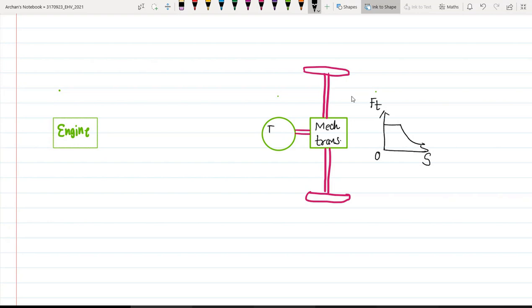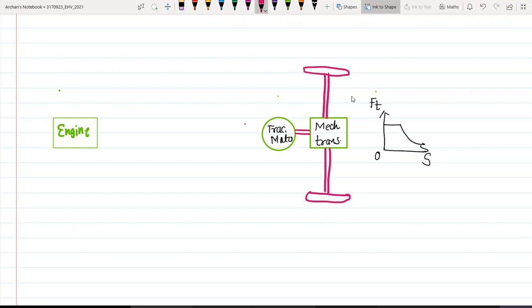And when we talk about the electric vehicles other than the two-wheelers, then definitely this traction motor will consist of three-phase motors. It may be a three-phase induction motor.